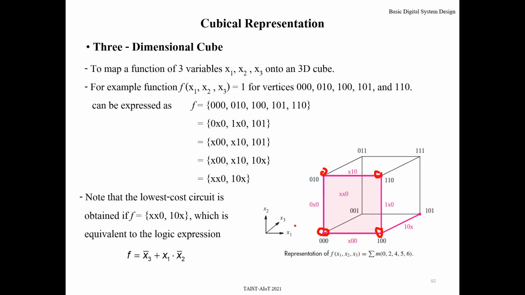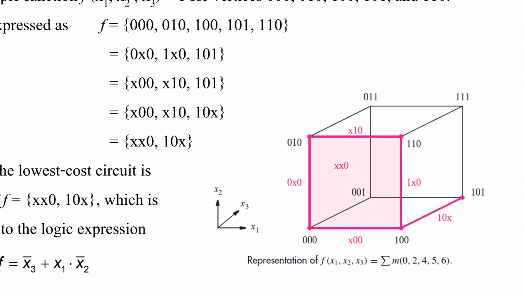For 3 variables, there are 8 vertices. We connect the vertices that differ by 1 bit. For example, this vertex 0, 0, 0 and this vertex 0, 1, 0 differ by 1 bit.